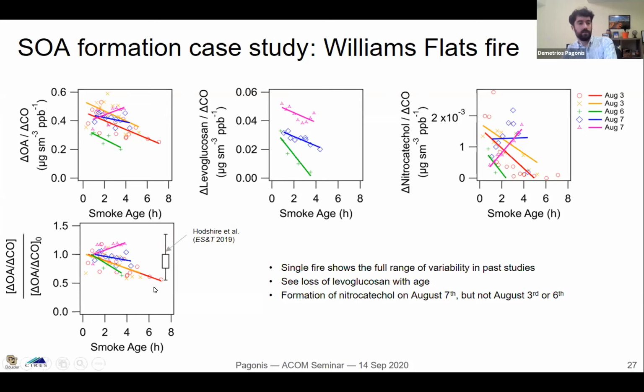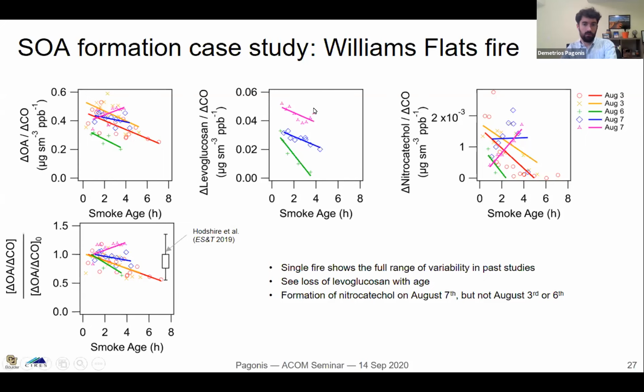And so while fuels and flame state did change as this fire grew, it is all ultimately the same fire. And so if we had only measured it once, we could have wound up at any point in this range that's in the literature. And so it's just an impressive testament to the amount of variability in what these fires can put out and how those emissions evolve.